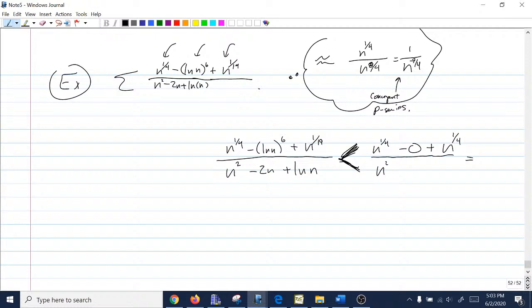Oh, no, I can't put the 2 there. I want to ensmallen the denominator. I want the fraction to become bigger, so I need the denominator to become smaller. Okay, I can replace the log n with a 0. Log n is big, changing it to 0 makes it smaller. I also want to make this 2n bigger.